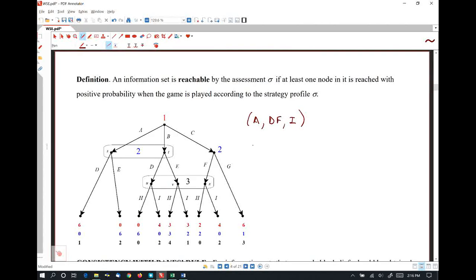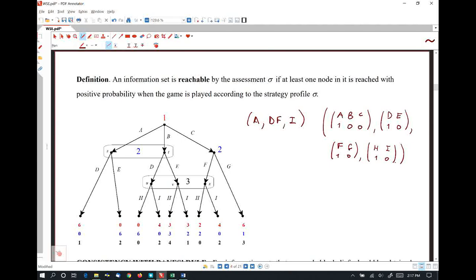If you want to be pedantic and write it as a behavior strategy profile, then you would write it as A probability 1, B probability 0, C probability 0, D probability 1, E probability 0, F probability 1, G probability 0, and then H probability 1, I probability 0.